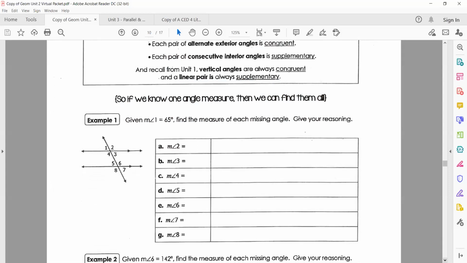If you look at these drawings here, this is what I'm talking about with these examples. If we know one of the angle measurements, we know all of them. So 1 and 2, those are a linear pair.